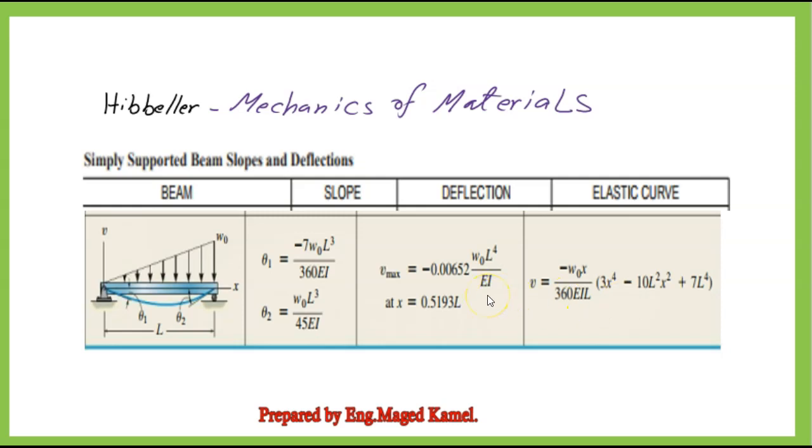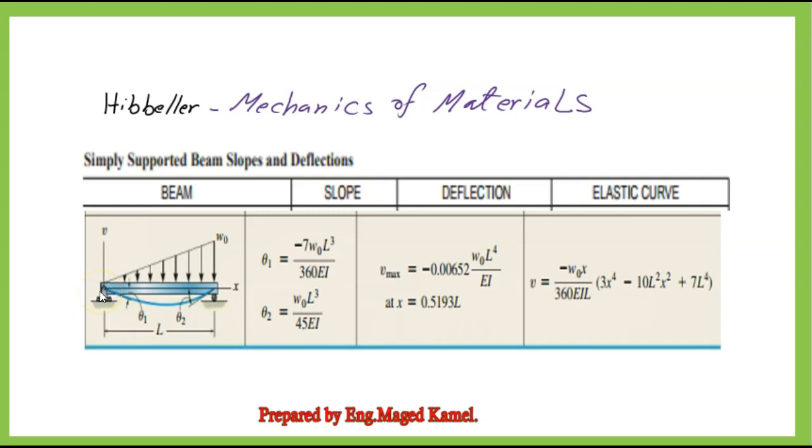The maximum deflection value is given as equal to minus 0.00652 W naught L to the 4 divided by EI. It is located at x equals 0.5193 L, measured from the left support.